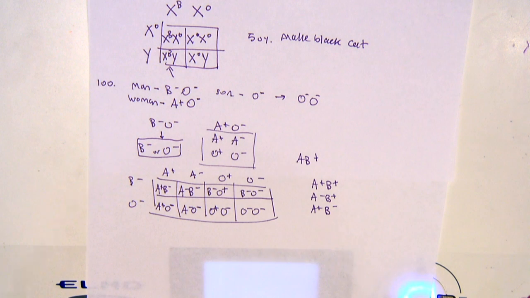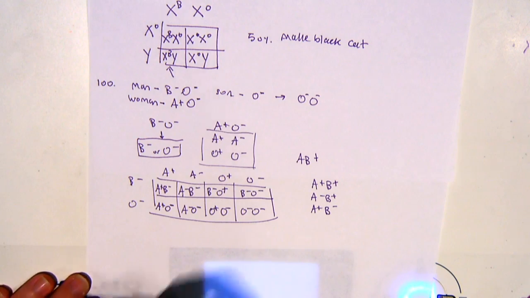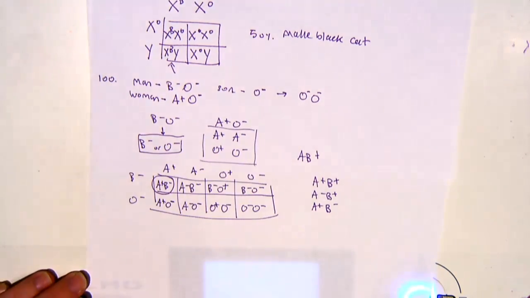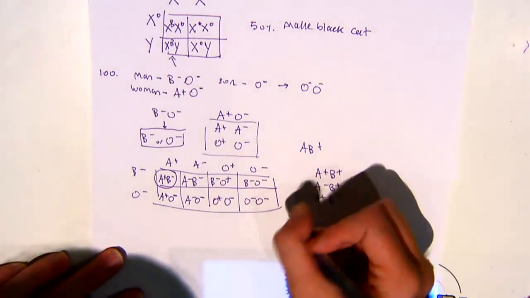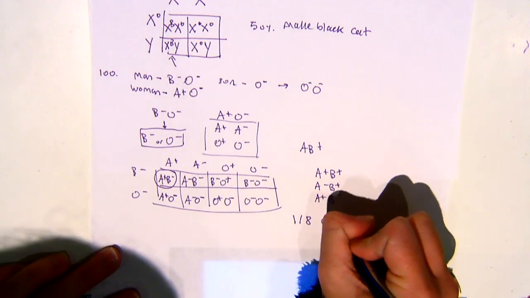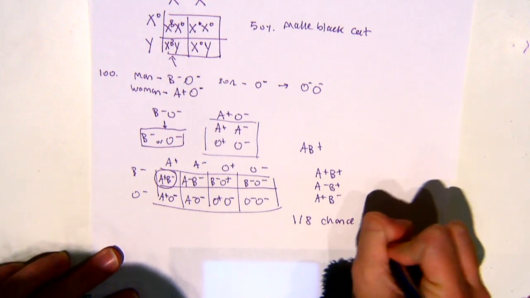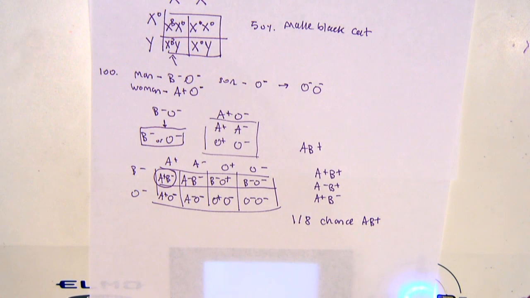So if we're looking for somebody who is AB plus, we only have one here. This individual would be AB positive because they have an A allele and a B allele, and they have at least one positive, which is going to be dominant. So that means we have a 1 out of 8 chance of being AB positive.